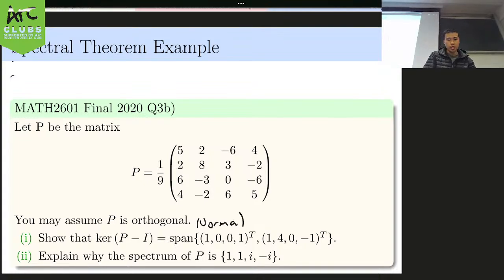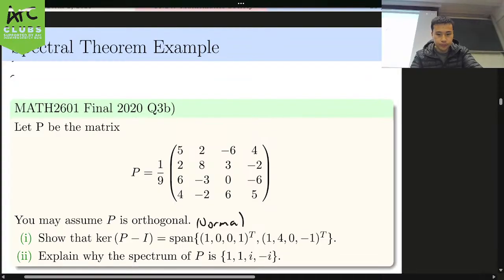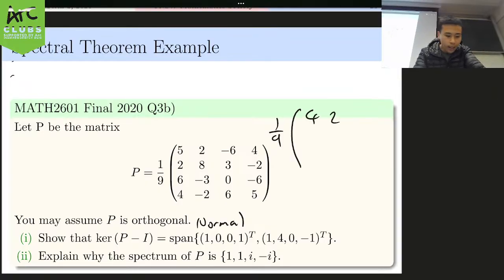Either way, we show that the kernel of that is equal to the span of these vectors here. So, a bit of math now. We have to subtract off a single I, so be careful how we do the diagonal, because we don't want to just subtract off 1.